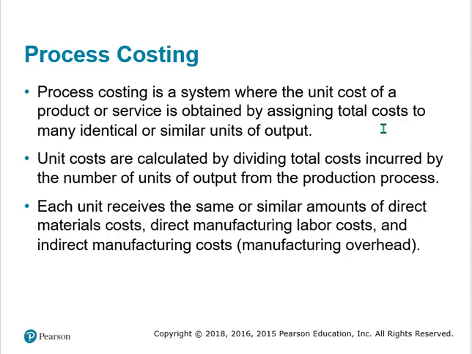Each unit then receives the same or similar amounts of direct materials and then labor and overhead. We frequently combine labor and overhead and just call it conversion. Finally, we're going to use that conversion cost term.